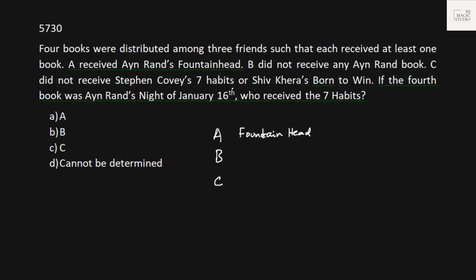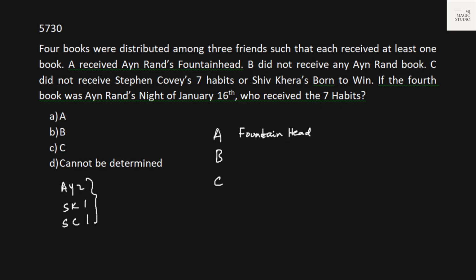C did not receive Covey's 7 Habits or Shiv Khera's. So we have got Ayn Rand's 2 books, Shiv Khera's 1 and Stephen Covey's 1, that is 7 Habits. We have got 4 books. The 4th book was Ayn Rand's Night of January 16, which is known.